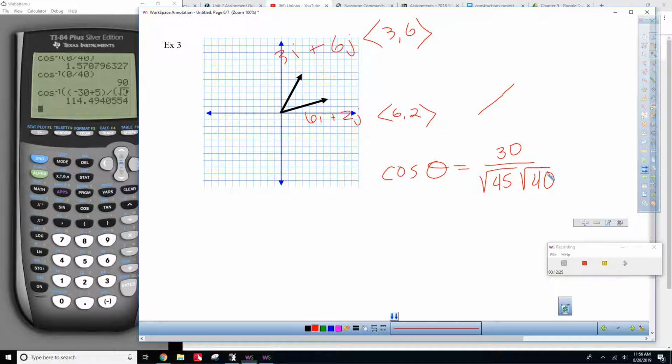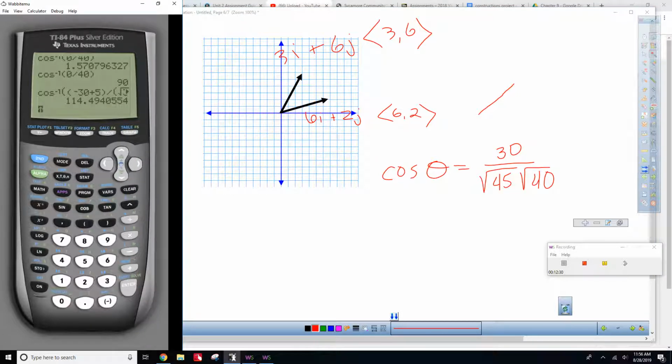So, once again, we got to do cosine inverse. Let me make this easier for you this time. Second, cosine 30 divided by, I really can just put both things in the square root on the bottom. 45 times 40. Close it. Uh-oh. They didn't like that notation. Let's see.